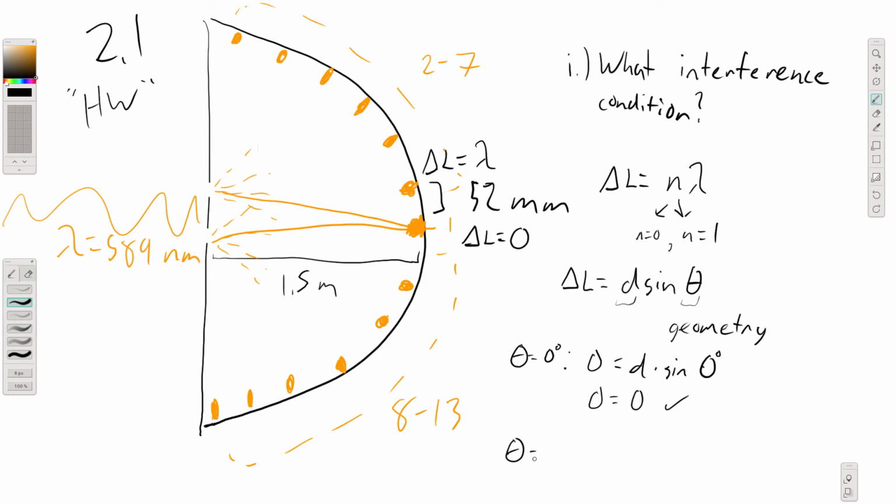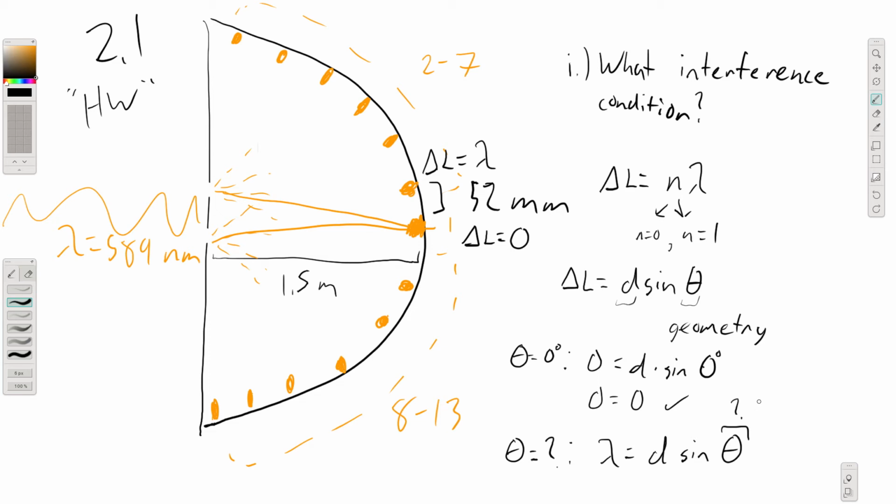But then we have our second fringe, our first fringe from the center. In this case, delta L is lambda, and d times sine of theta. I don't know what theta is.